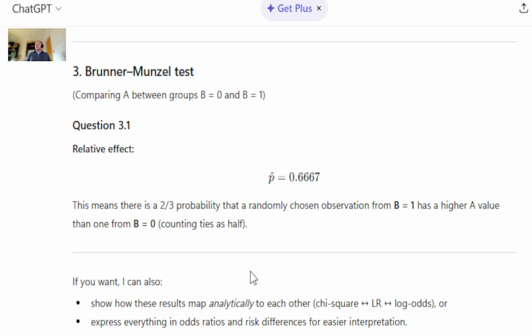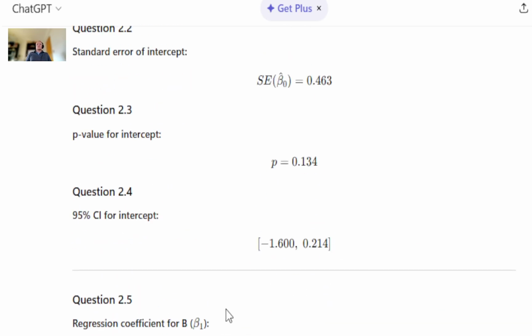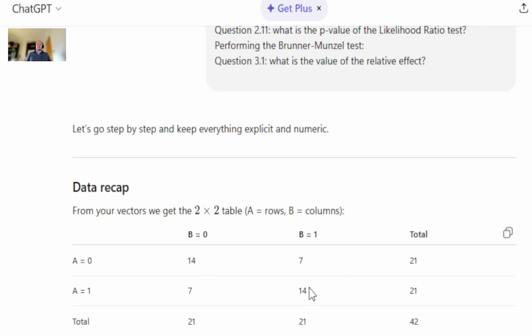And well, then here ChatGPT suggests that it can also provide some other outcomes, such as odds ratios and risk differences, which are easier for the interpretation. The odds ratio here would be 4 for the regression for this model, because basically the proportion of ones in the a equals 1 group is 2 times the proportion in the other group.